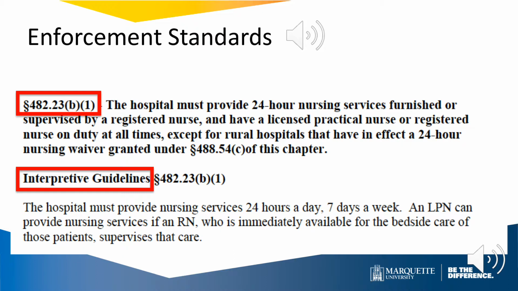On this slide is an example for some requirements that a hospital must provide 24-hour nursing services that are furnished by a supervisory position of someone who holds a registered nurse's degree or has a licensed practical nurse on duty at all times, except in specific instances where rural hospitals have a 24-hour nursing waiver that has been granted.